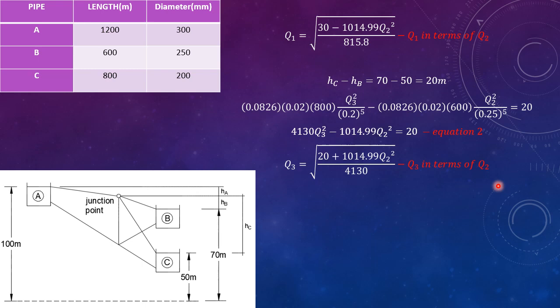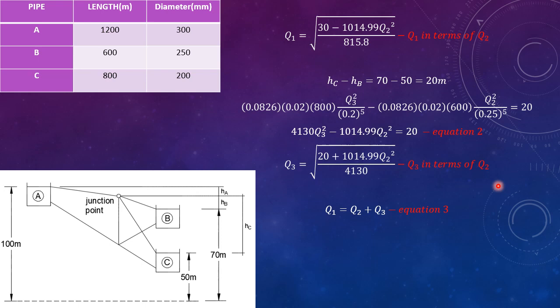We have 3 unknowns, namely Q1, Q2, and Q3. So far, we have 2 equations. Now, we need one more equation to solve these 3 unknowns. Where will we get that equation? Actually, we already have the third equation, and that is Q1 is equal to Q2 plus Q3. Remember?